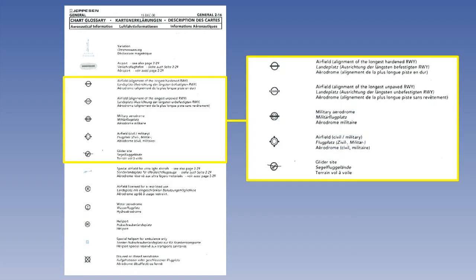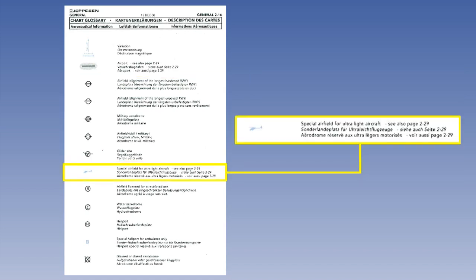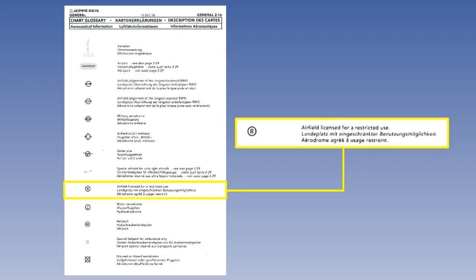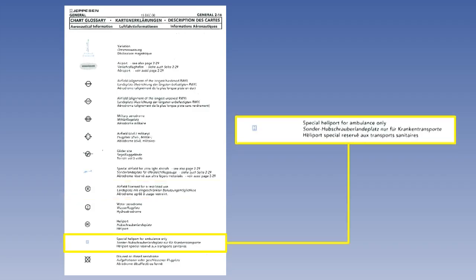Aeronautical information is shown on pages 2.16 to 2.23. And some of these symbols do differ from those on the IFR charts. The airfield symbols are slightly different, and there are others which are new to you, namely a special airport for ultralight aircraft, an airfield licensed for restricted use, and a special heliport for air ambulance only.